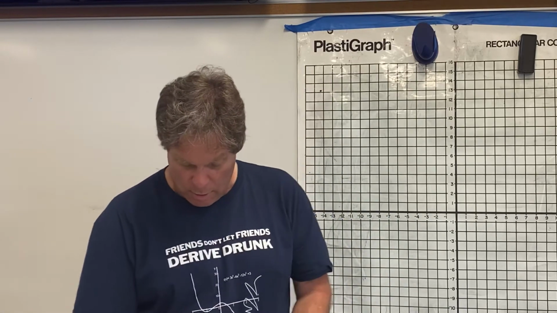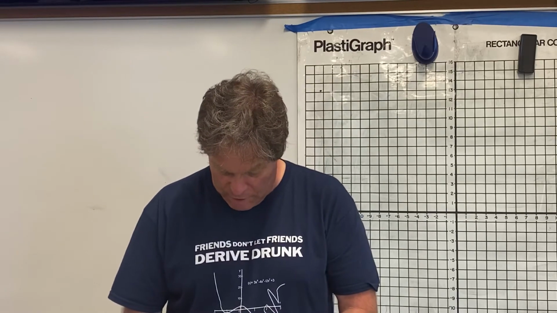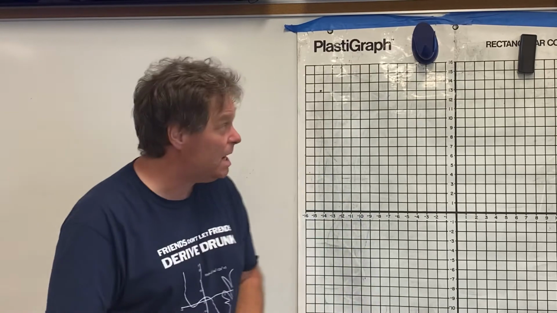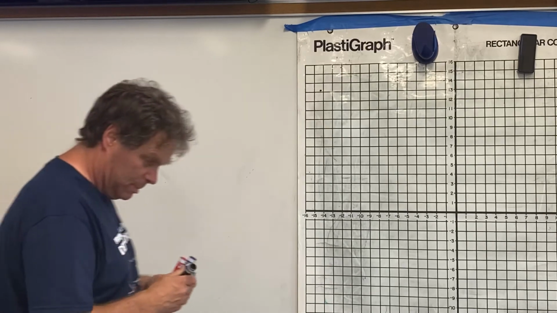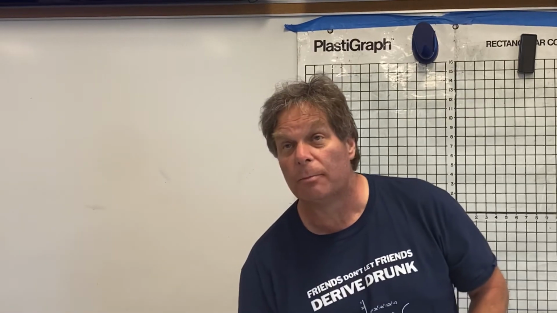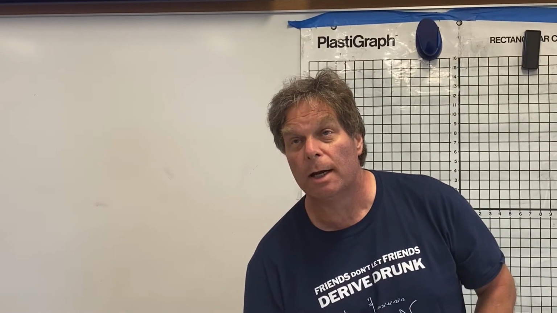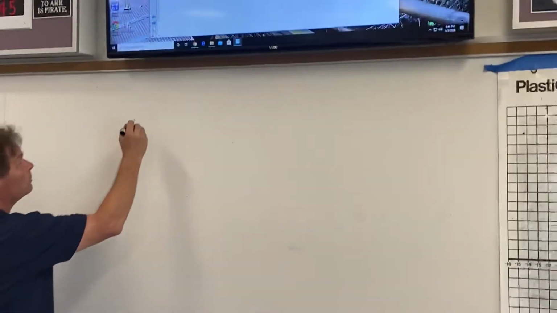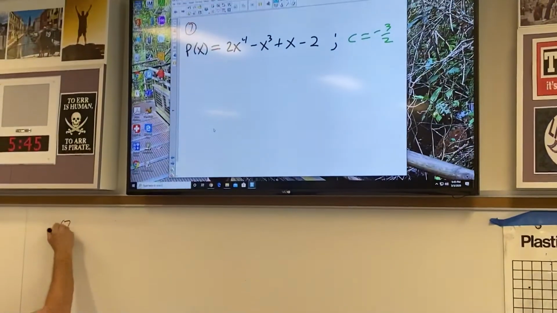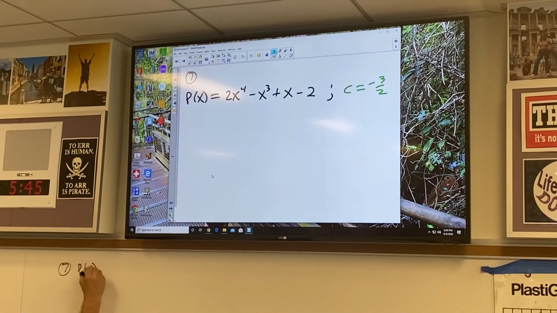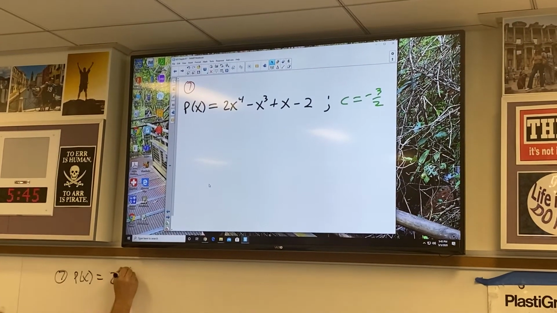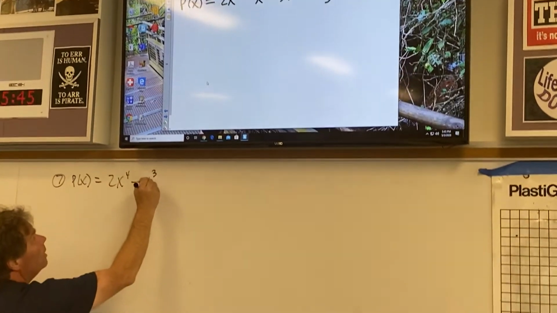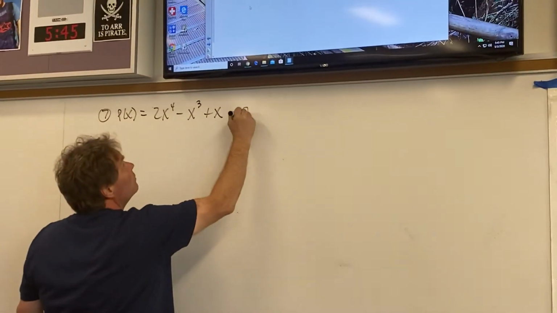Okay, here it is. So I'm going to start off with page 375, number 7, and it's up there. Let me get it going up there, and I'll write it. Number 7 says P of x is 2x to the 4th minus x to the 3rd plus x minus 2.